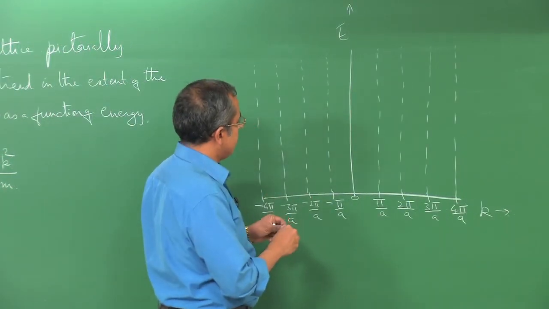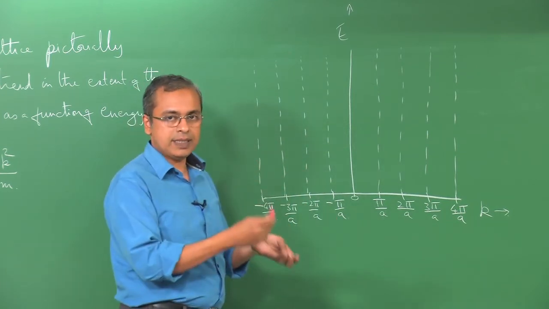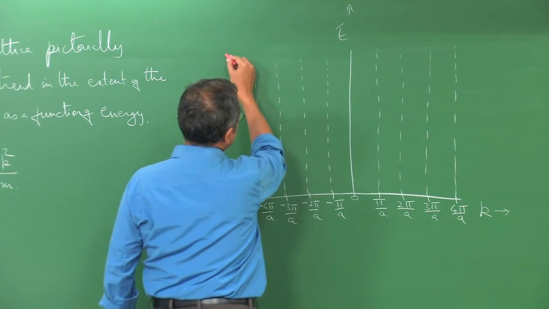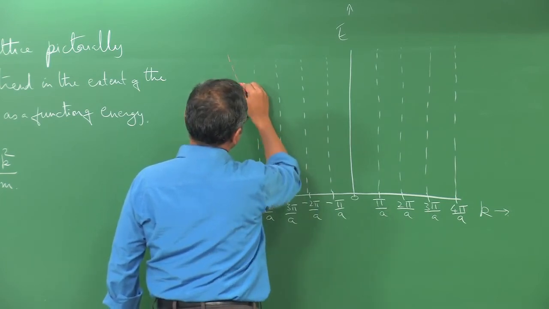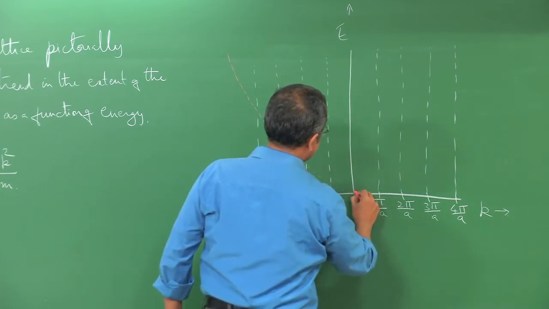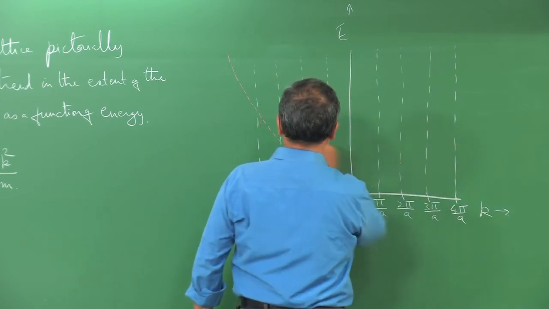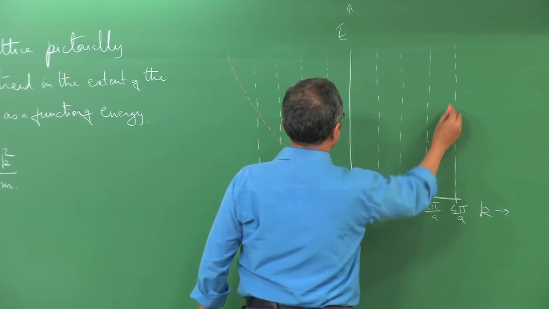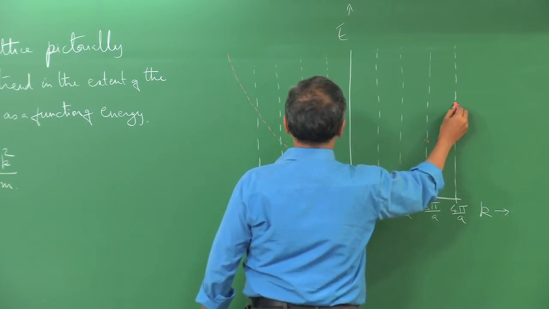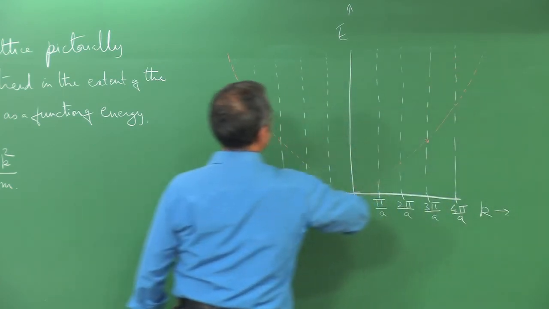On this diagram, if we draw the E versus K relationship for a nearly free electron, you are going to get a parabola because it is E equals h bar square K square by 2 m. So, we will just draw the nearly free electron parabola, and that would be something like that. So, something like that. So, I just darken that.